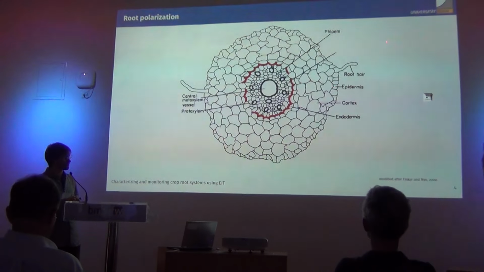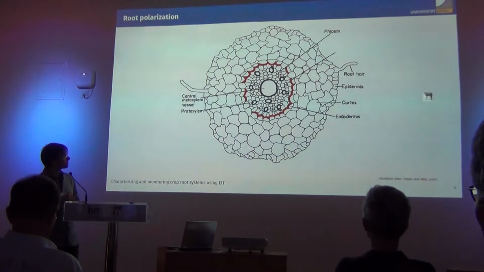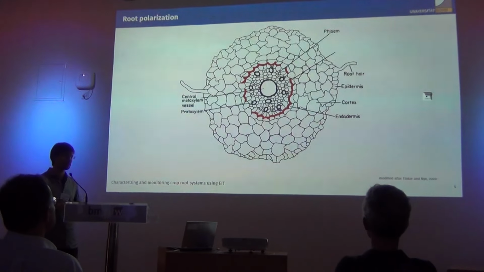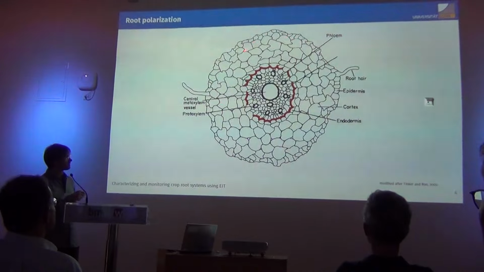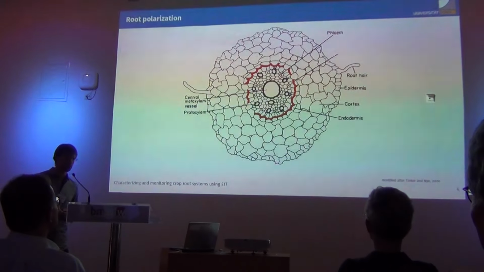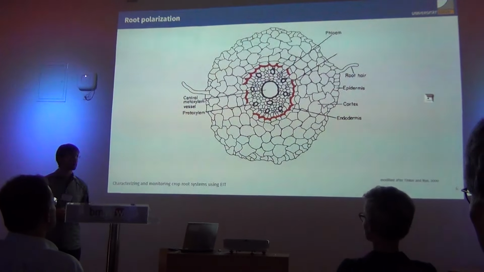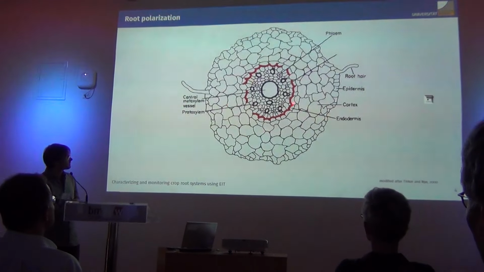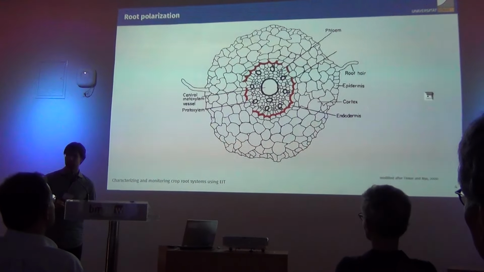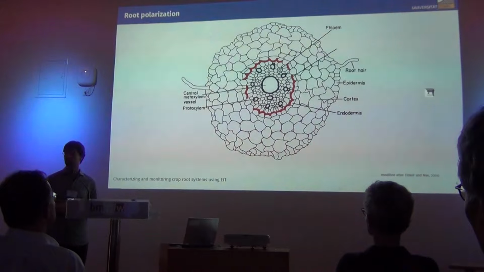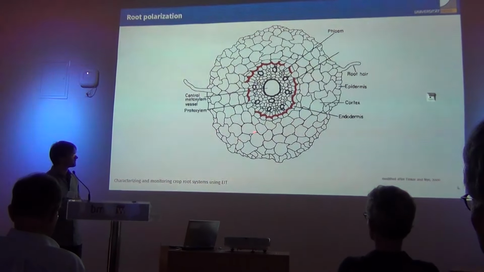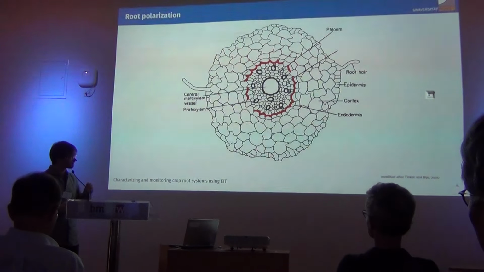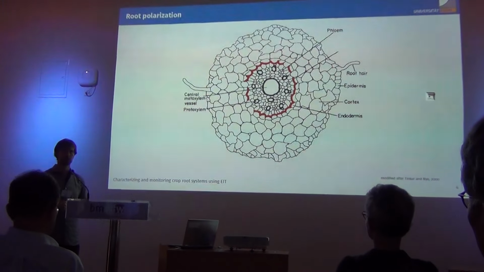We have, for example, the Casparian strip, which is an ion-selective membrane surrounding the central cylinder in the root system. We have the outer root surface in contact with the surrounding soil, and we have cell clusters in the root systems that can also be polarized. And we also have the extracellular space between the single cells that can form electrical double layers.